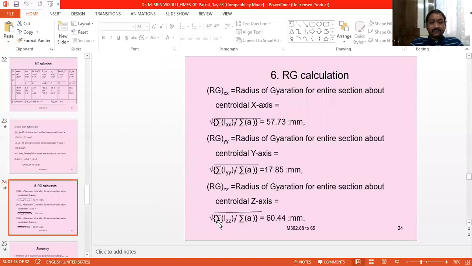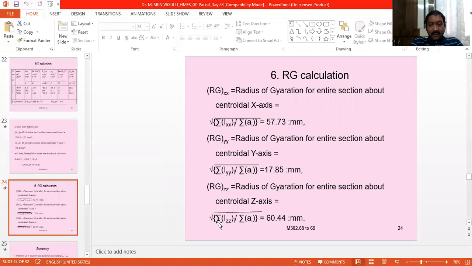Now coming to the radius of gyration. We know that the radius of gyration is equal to the square root of I by A. For the x-axis we should take Ixx, and for the y-axis we should take Iyy. So very simple. That is, kxx is equal to the square root of Ixx by the total area. That is 57.73 millimeters.